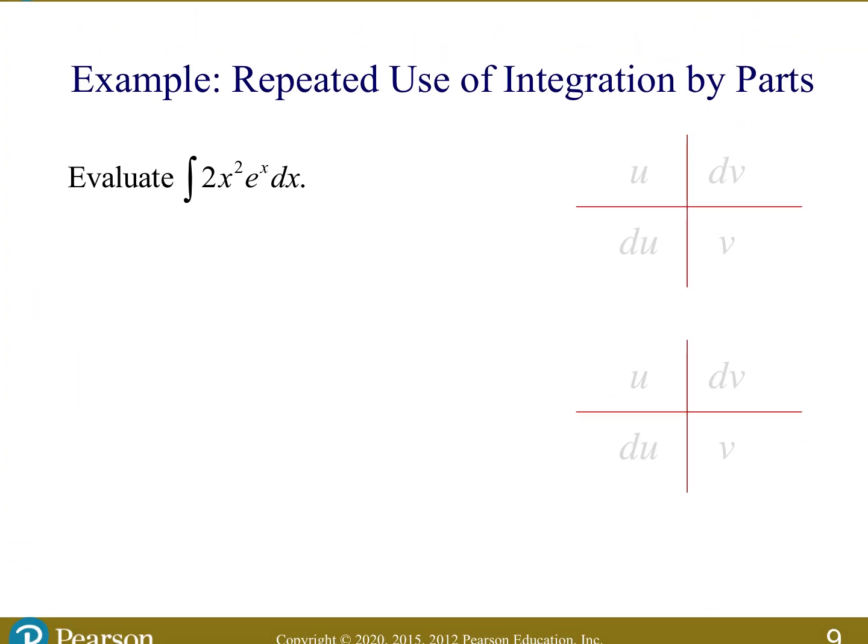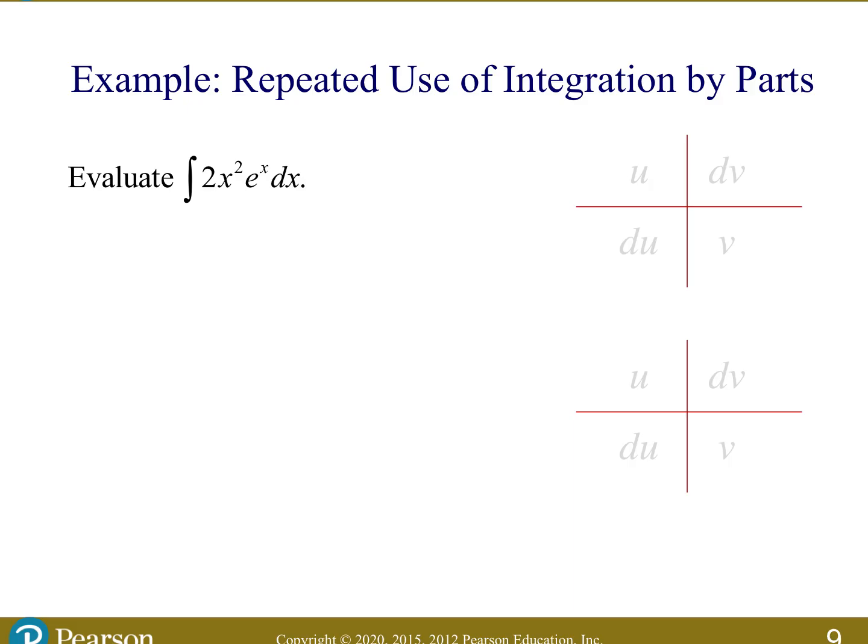All right, last. This happens when you get down to the lower part of LIPET. What are the two categories here? An exponential and a power. So when you get down to a P and E, those letters down there, you're going to need to do integration by parts twice in order for this to solve itself out.